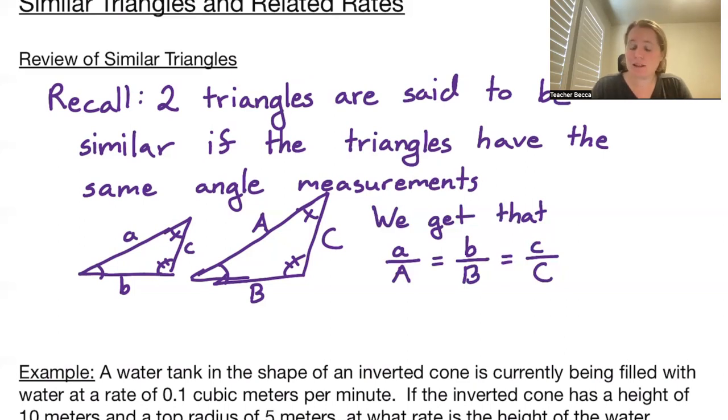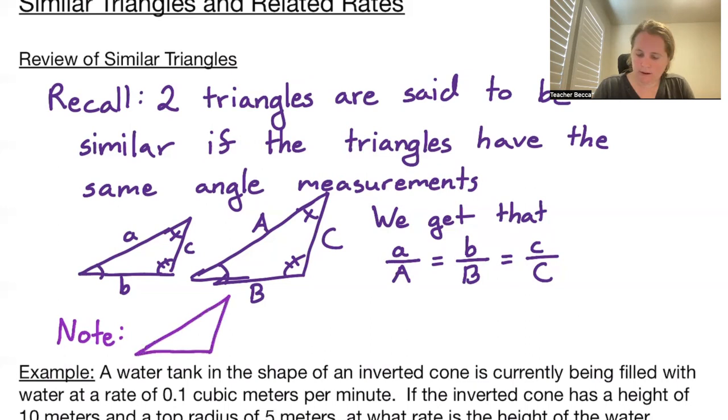And what comes in particular in handy is note, if we have one triangle built inside of the other, as long as the side that's inside is parallel to the side it's replacing, the triangles are similar.